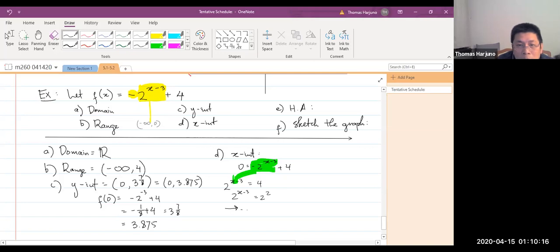So x minus 3 equals 2, x equals 5. So the x-intercept is 5, 0. How about the horizontal asymptote? You will see the horizontal asymptote is always the constant. y equals 4.